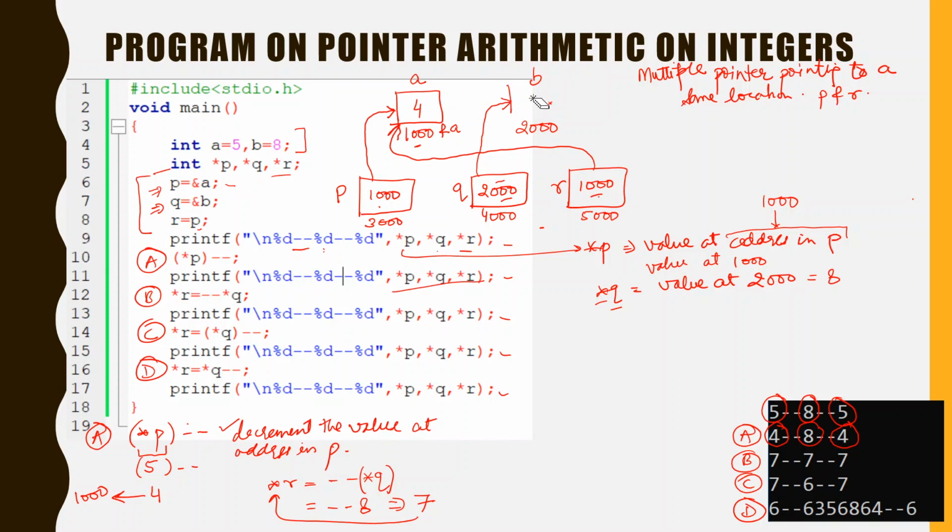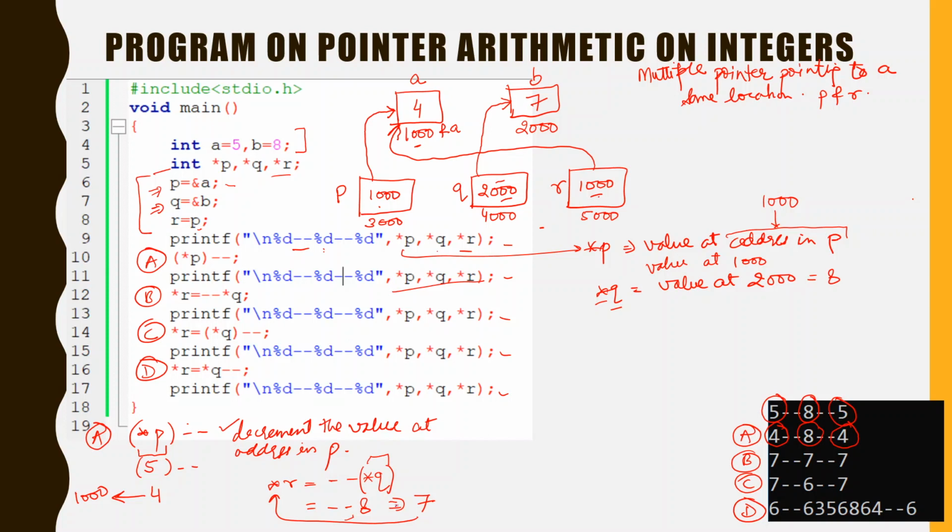So first we have to reduce it as 7 because of this minus minus operator, because the value at address in Q is to be reduced by 1. So address in Q is 2000 and the value was 8, and when it is reduced it will become 7.